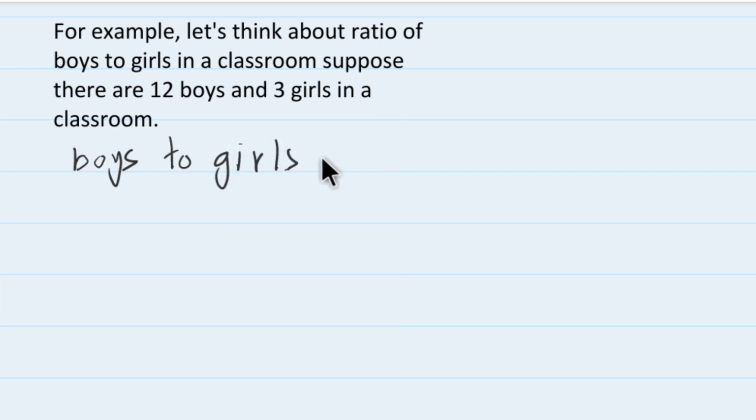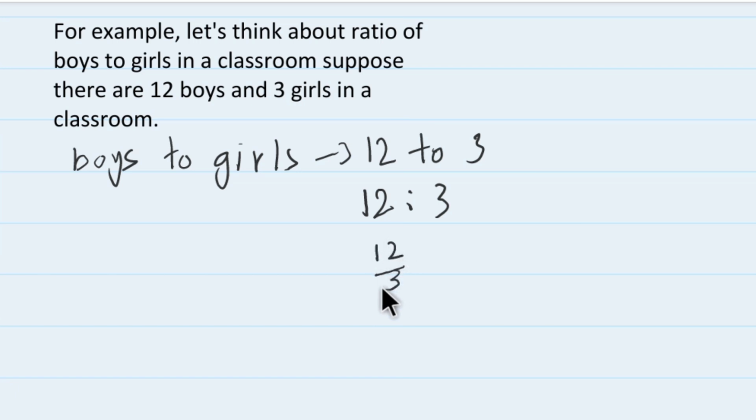That is, there are 12 boys and 3 girls. So we will present their ratio as 12 to 3. Or in another form, we can also write it as 12 ratio 3. Or another way is the fraction form, that is 12 over 3.